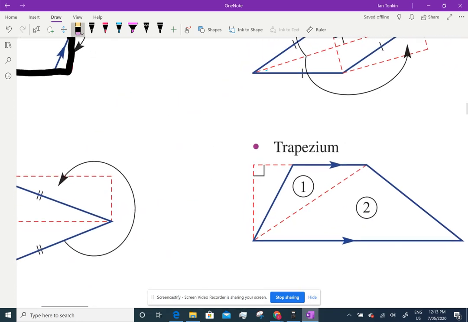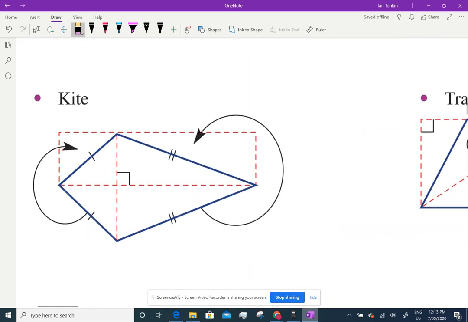Now, the kite does the same thing, and the kite has similar properties. That the diagonals bisect it. Well, no, they don't. This one gets bisected, but they do meet at 90 degrees. But when I cut this shape and put it over, I get a rectangle.